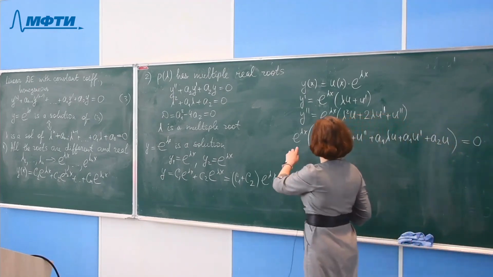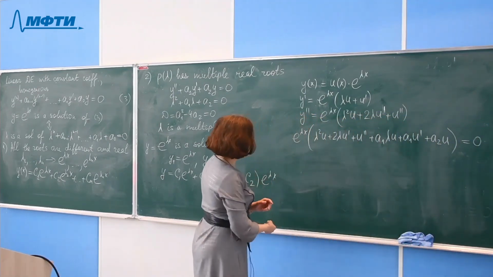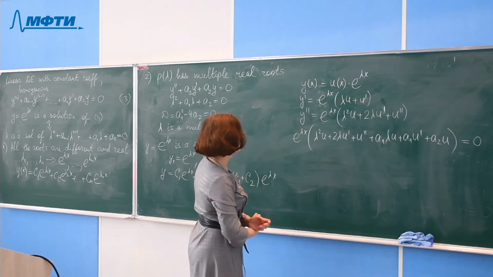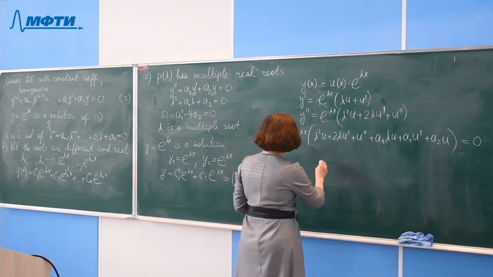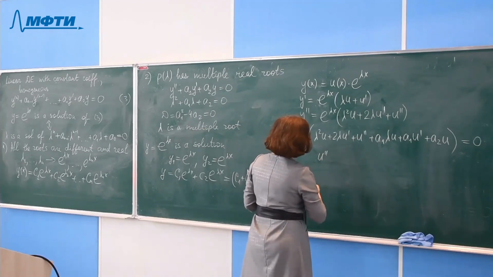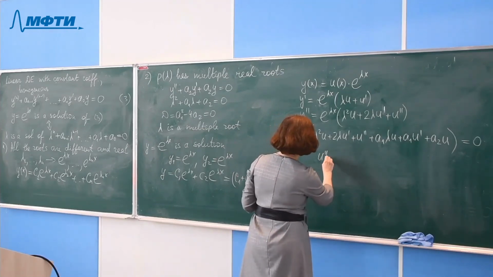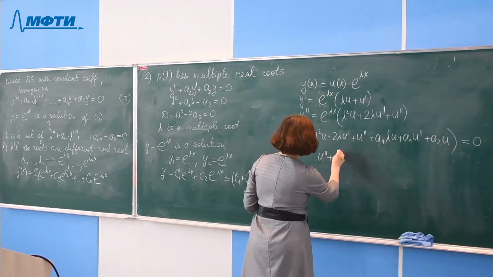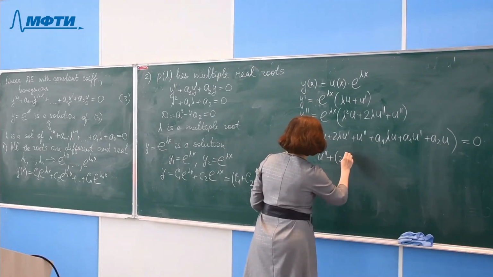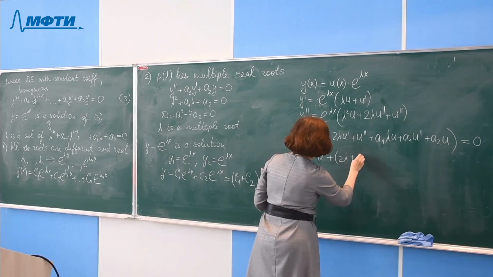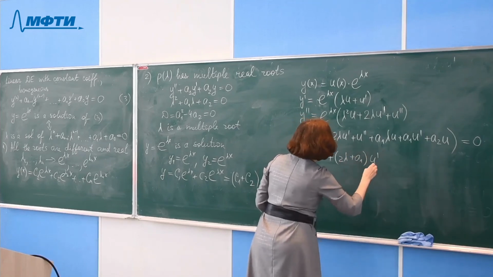We can divide by e to the power lambda x. And we have the following: u double prime plus 2 lambda plus a1 times u prime.